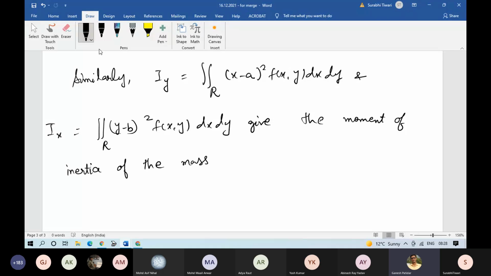About the lines x is equal to a and y is equal to b respectively.